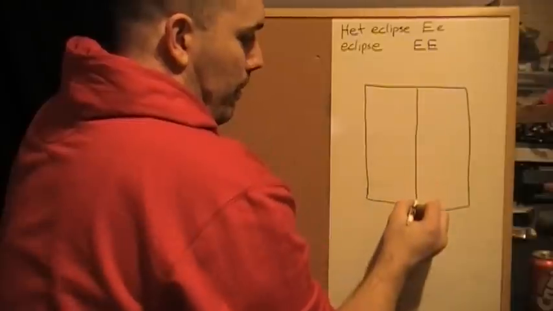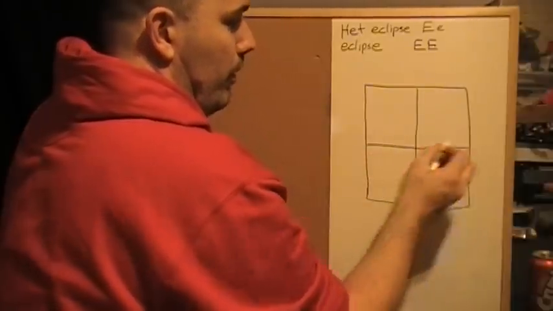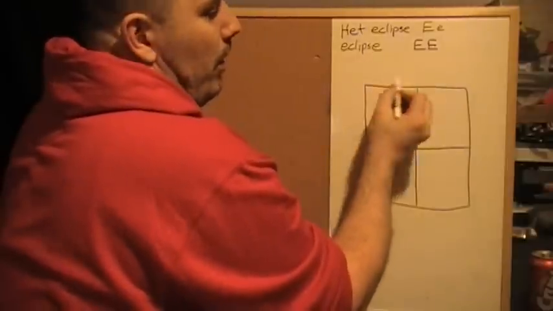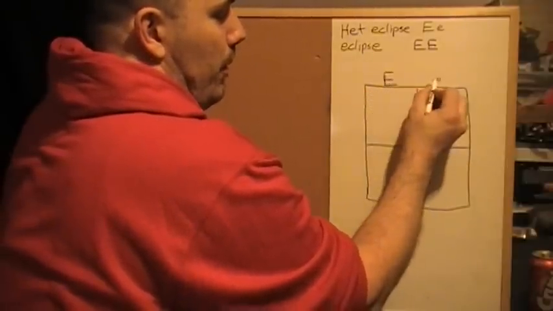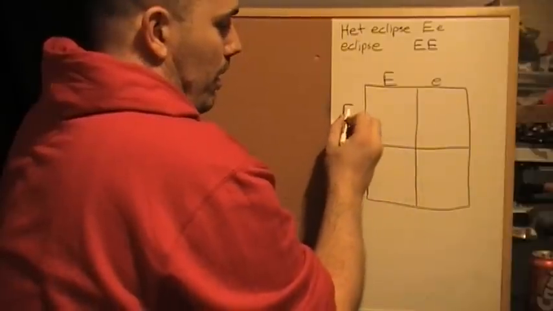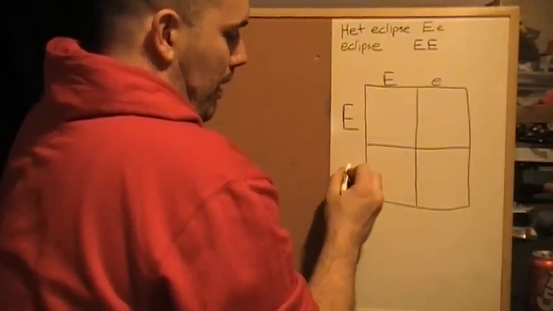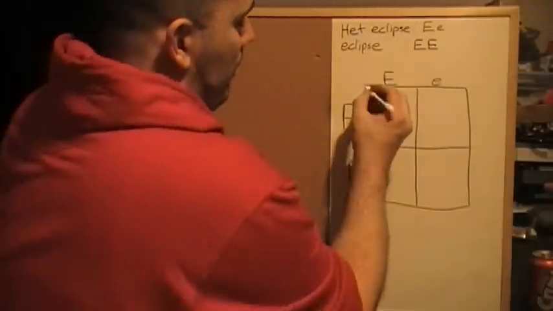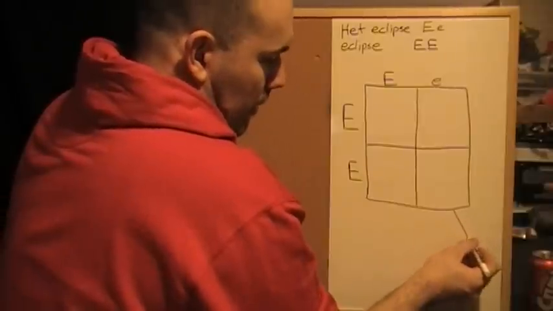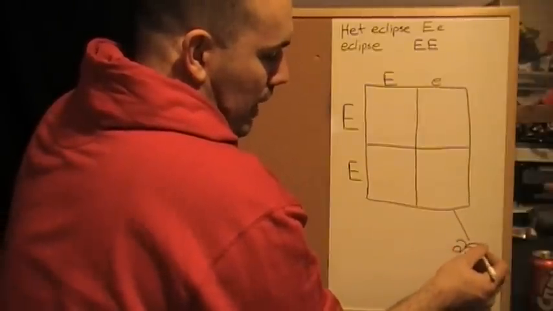Now you're going to draw your Punnett square. It's very simple. We'll put the male up top this time: capital E and a lowercase e. For the female, a capital E and a capital E. This is on a percent basis. Remember, each one of these squares equals a 25% chance.